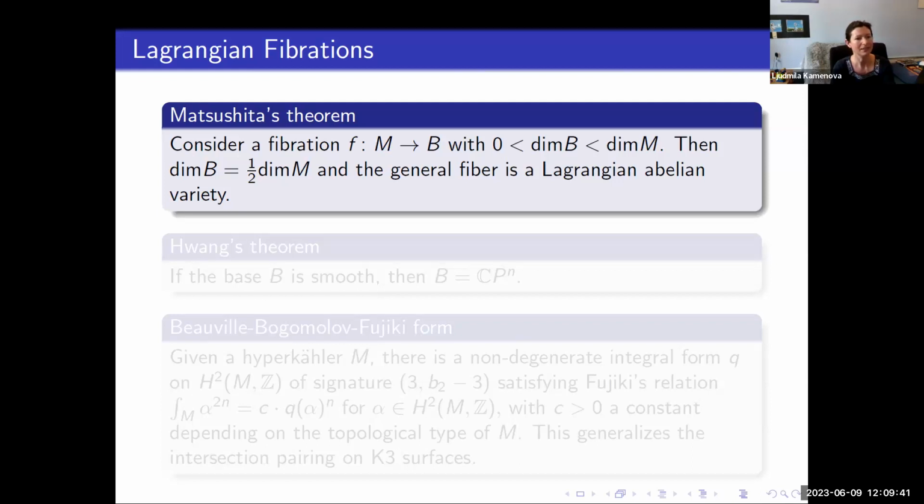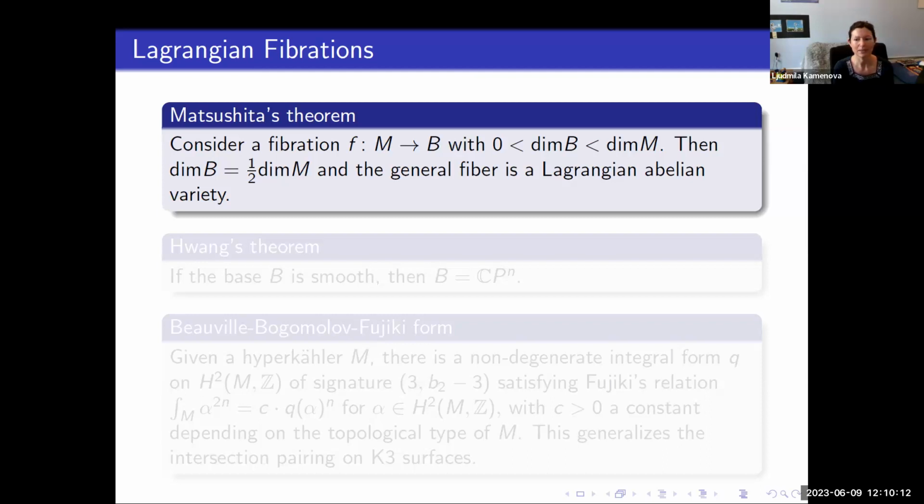And one can study a lot of the properties of K3 surfaces by studying elliptic K3 surfaces, because for elliptic K3 surfaces, you have the geometry in an easier way. They're dense in the moduli space of K3 surfaces. So some of their properties can be used to deduce properties in general.